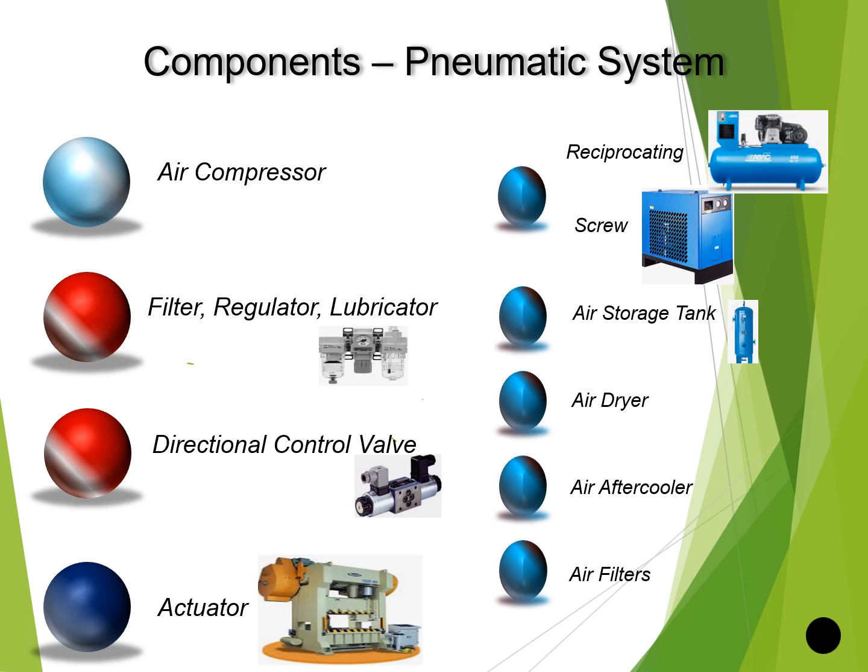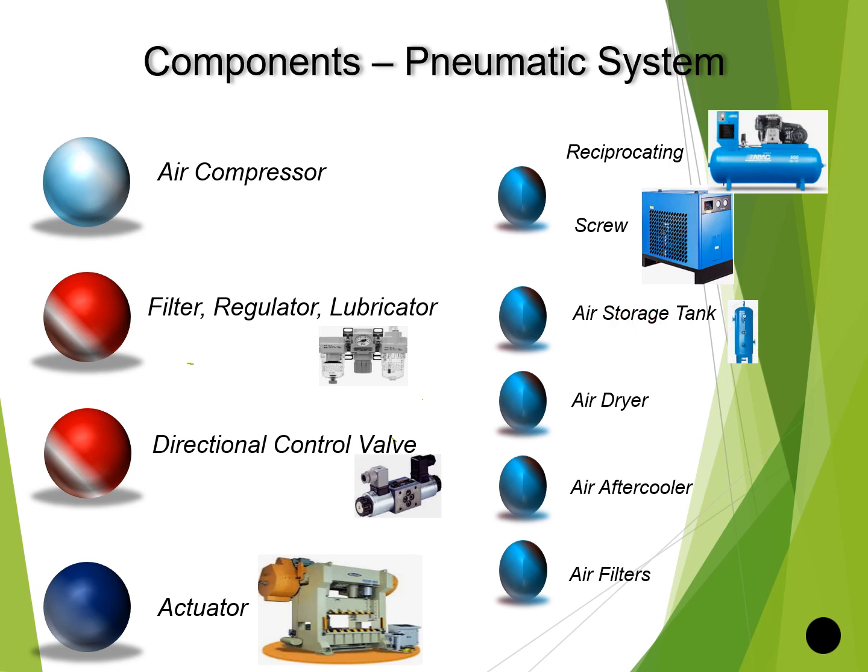So compressed air is generated by a compressor taking in atmospheric air. The impurities in the compressed air are removed by a filter. Its pressure is controlled by a regulator, and the compressed air is then lubricated before getting stored into an air storage tank.